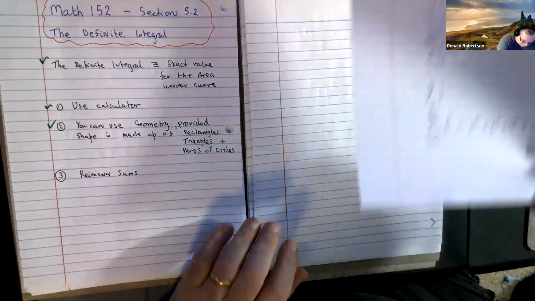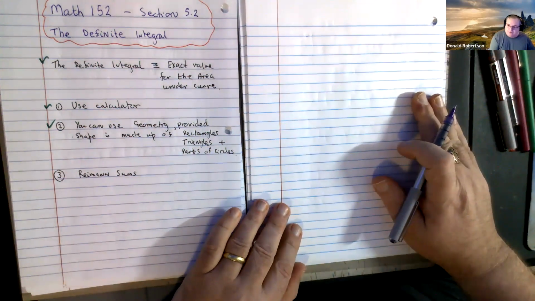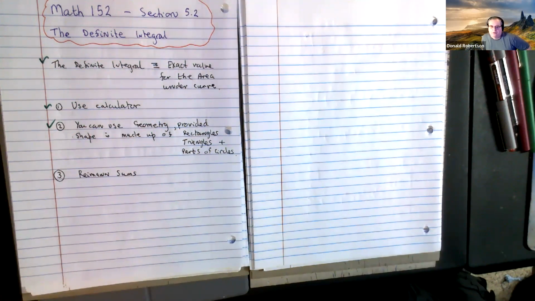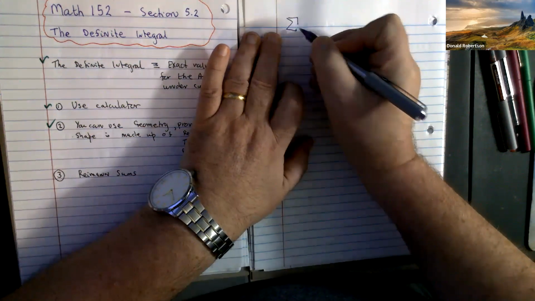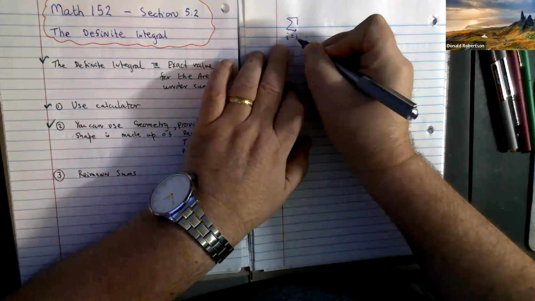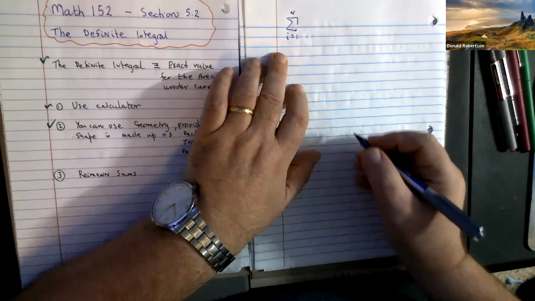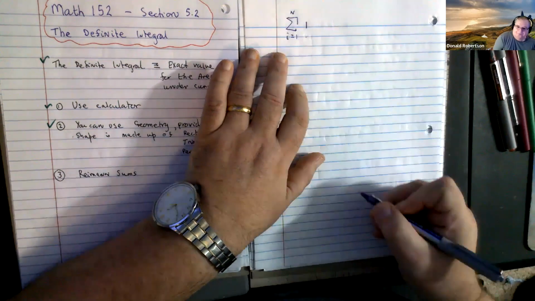Now I'm going to give you some very useful special cases where someone has actually figured out what the answer looks like as a single value. So I believe it was Leibniz who did it. So here's the first one. i equals 1 to n of the number 1.